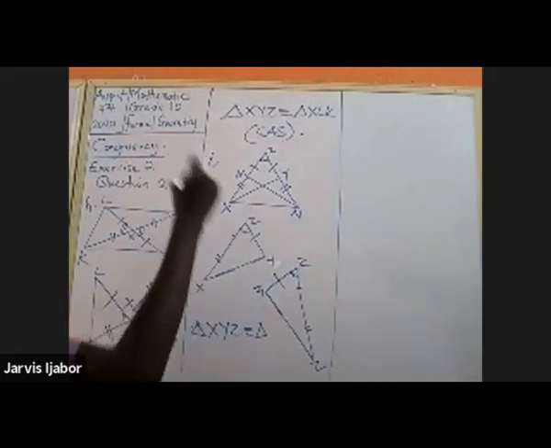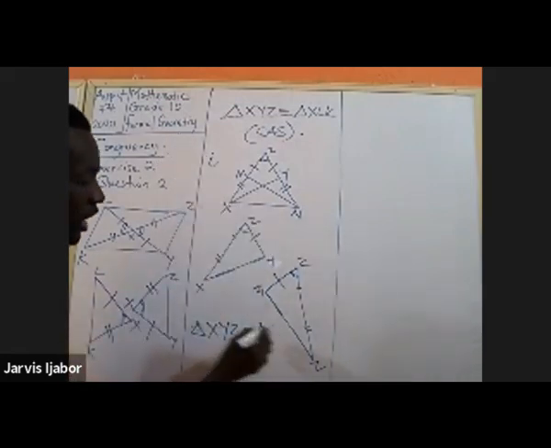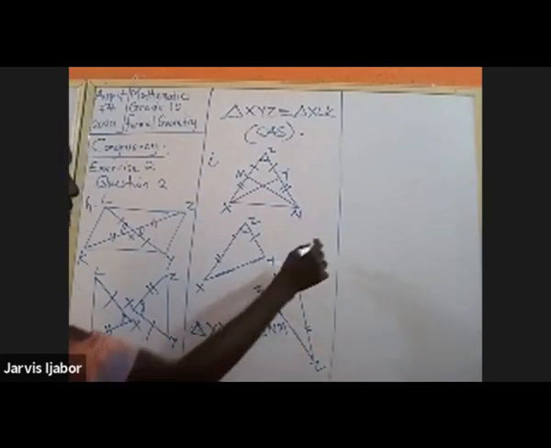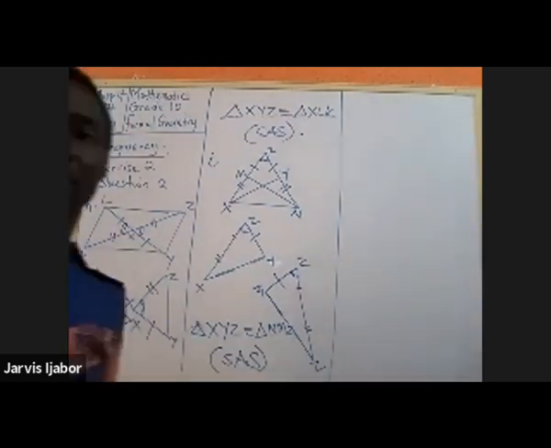Space 1. XYZ. Space 1. So that will be NMZ. And what's the reason for their congruency? To be what? Side angle side. And that settles that. That's for question I.